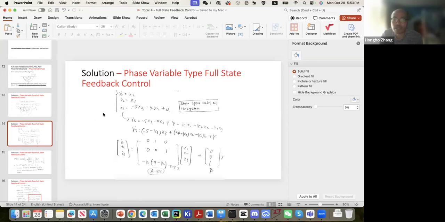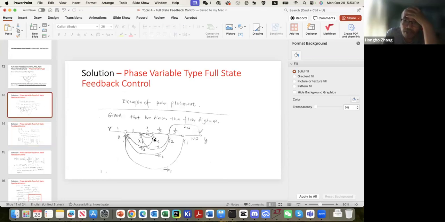So you know S1 dot equals S2, S2 dot equals S3. You see where it comes from, right? S1 dot equals S2, S2 dot equals S3. Why? Because of the integral here. I forgot a little bit, it's time for you to rehearse what we talked about in topic 1, the first topic, state space fundamentals. So S2 equals S1 dot, S3 equals S2 dot.